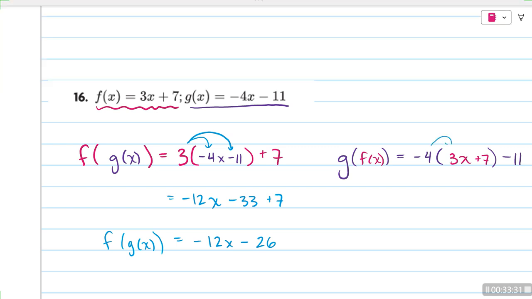And just like the last problem, we're going to distribute that negative 4 to get negative 12x minus 28. And then that negative 11 is just tacked on at the end. So if I combine my like terms here, I get negative 39. So there's g of f of x.